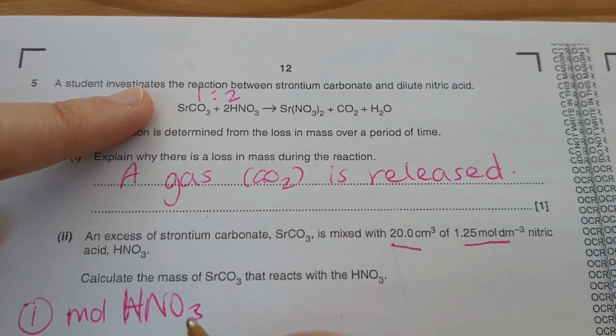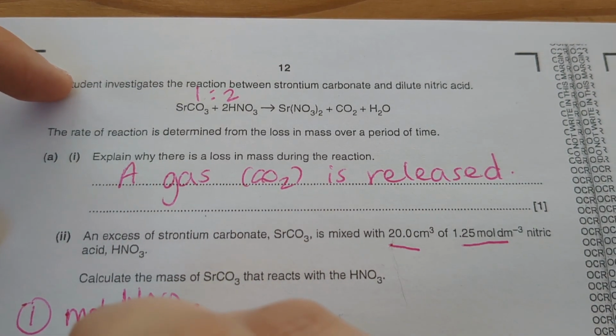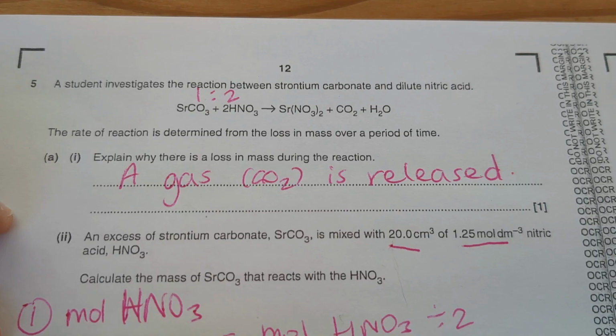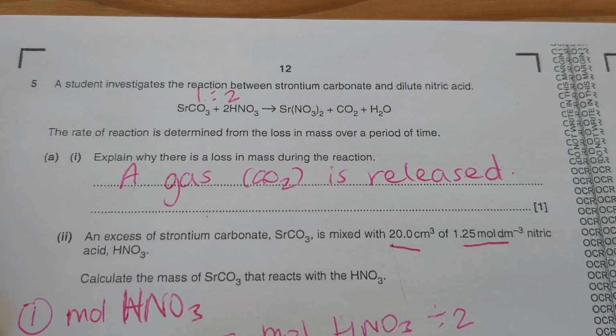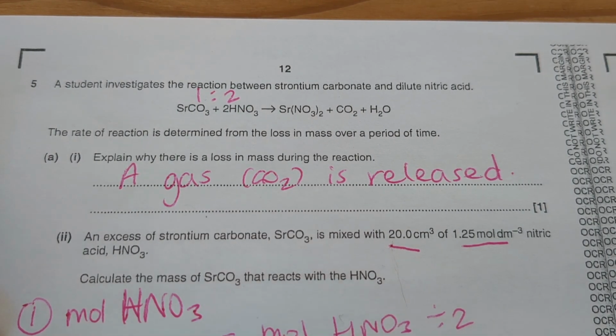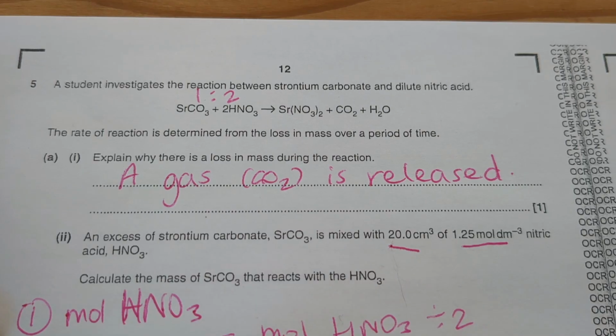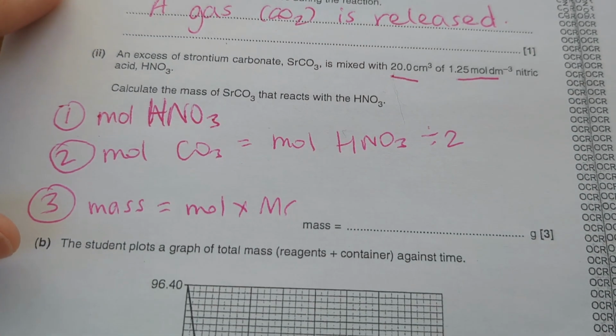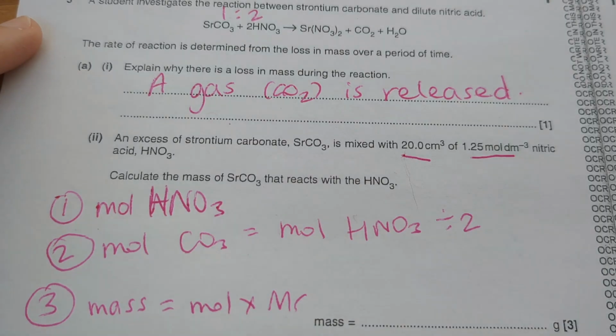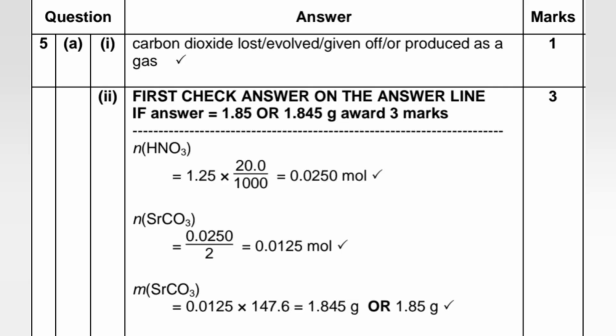So we can use that ratio to work out the moles of the carbonate. And then the final step, we can get the mass of the strontium carbonate by doing moles times Mr. If you want to have a go at this one, pause the video here. You should have calculated the mass of the carbonate to be 1.85 grams.